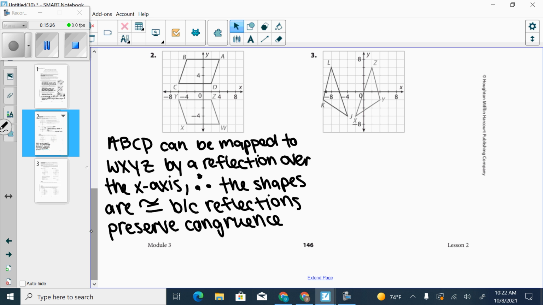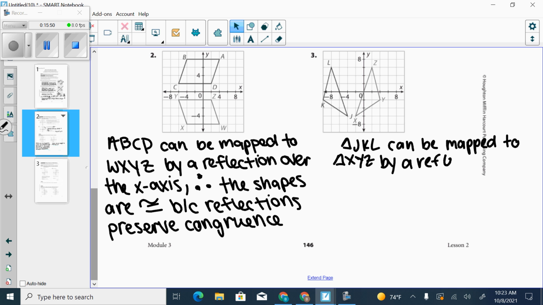Very good. So triangle JKL can be mapped to triangle XYZ by a reflection over x equals -3.